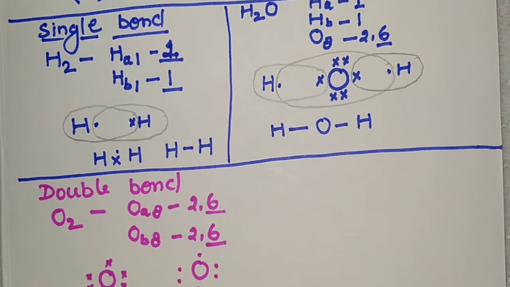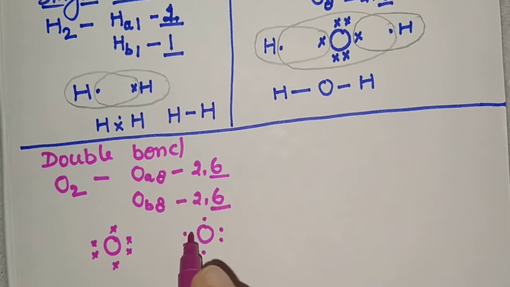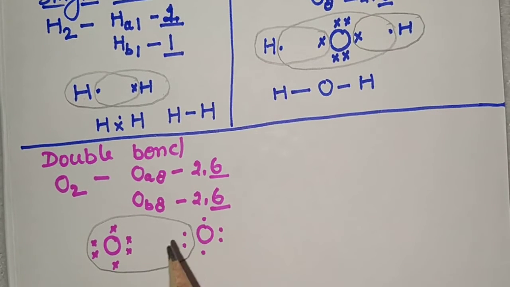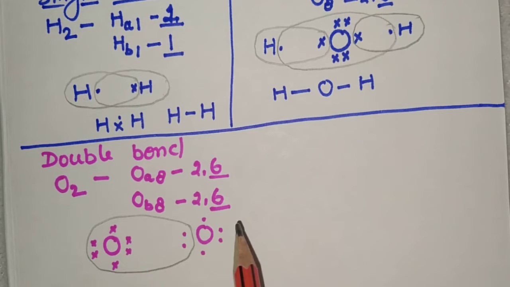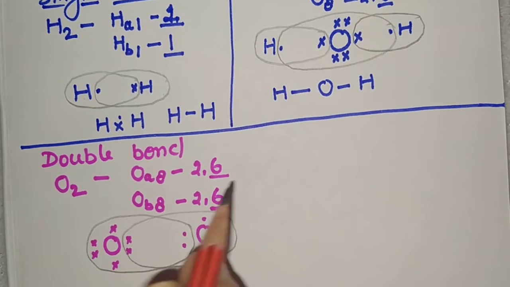Just for the beauty of the structure, while drawing electrons, we are thinking of showing symmetry here. This becomes 8. Here this becomes 8.